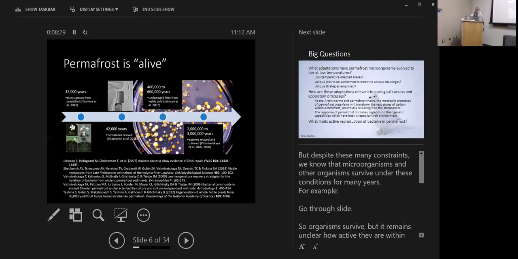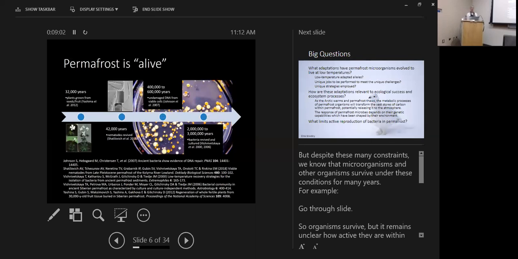In addition, studies looking at intact DNA in the permafrost were able to extract very large pieces of DNA from 400,000 to 600,000-year-old permafrost, which is also a sign that some kind of maintenance and repair has to happen to that DNA, because it's estimated that if DNA was just in this environment with no maintenance and repair, it would be sheared into very small pieces within 100,000 years under these conditions.